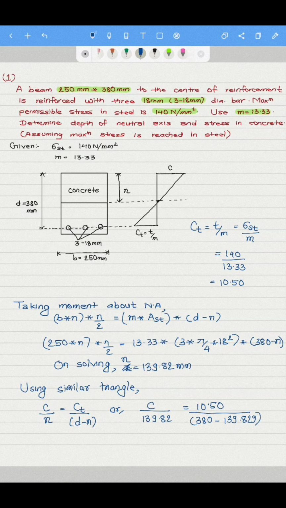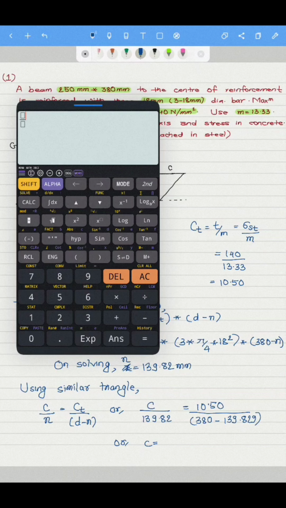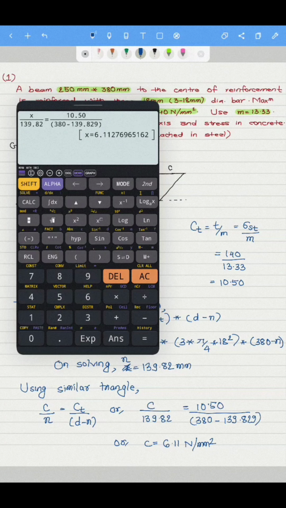On solving this, we can find the value of C to be 6.11 Newton per mm square, which is nothing but the stress in the concrete.